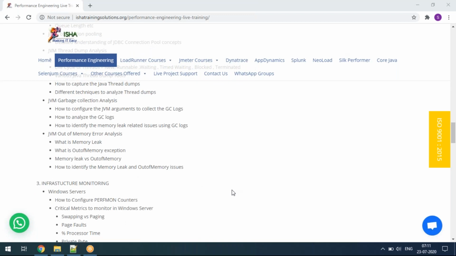For the APM side, application performance management, we are covering the Dynatrace part, because we have separate course journeys available in Isha for Dynatrace and AppDynamics. There you will learn everything in detail, in a separate stream. But we want the performance engineer to at least have an understanding of one performance monitoring tool. That is the reason we brought Dynatrace into this stream.